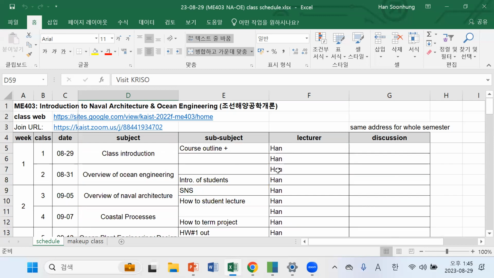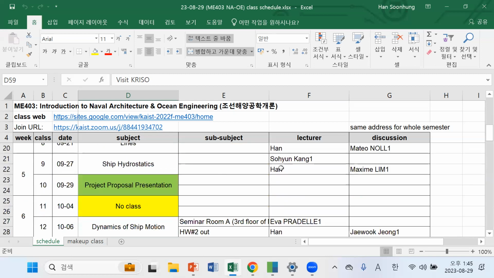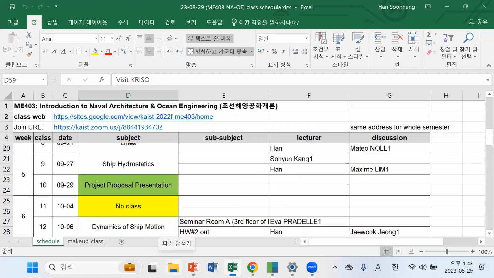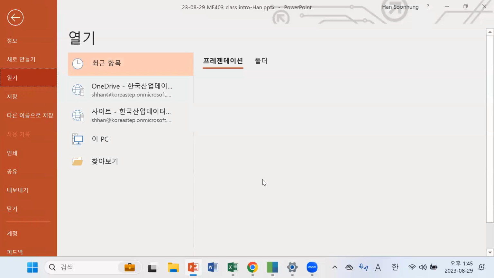I will try to distribute this class schedule also next week, end of next week. All right. Others. If you don't have a question, then I can start with the lecture material.